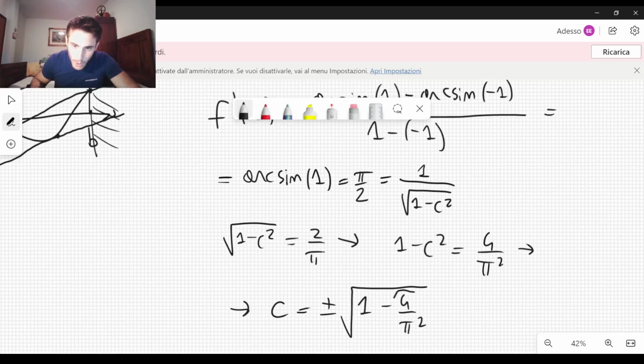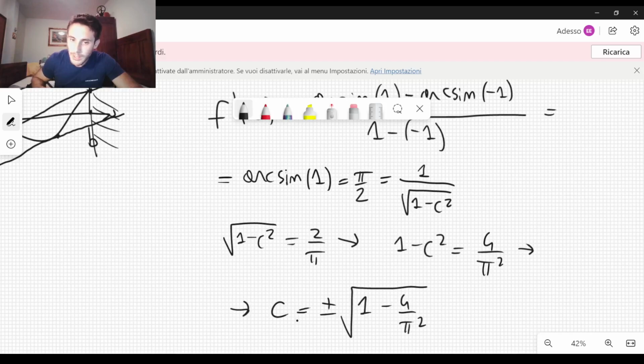Now you can see that 4 over pi squared is much less than 1 because pi squared is between 9 and 10. So 4 over something between 9 and 10 is less than 1, not much less than 1, but less than 1, and therefore this square root exists, and this is a positive number.